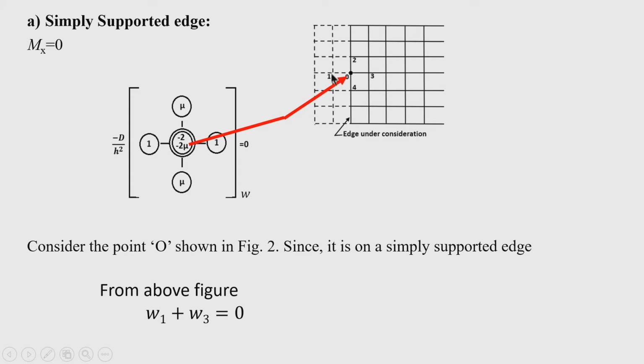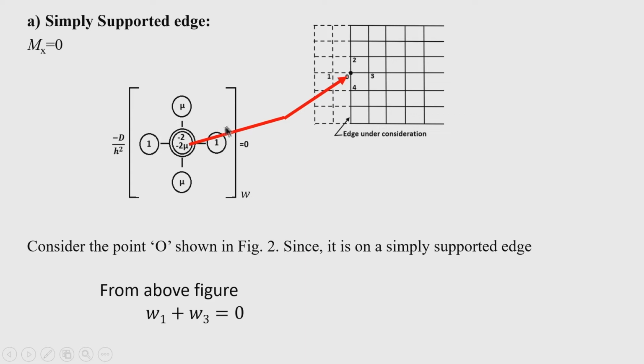They are just taken for finding the expression in terms of the displacement of the plate domain. Now, let us say at this edge mx equal to 0. So, our stencil was this for the bending moment.